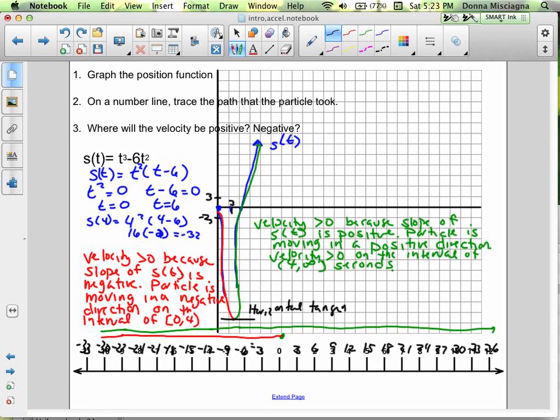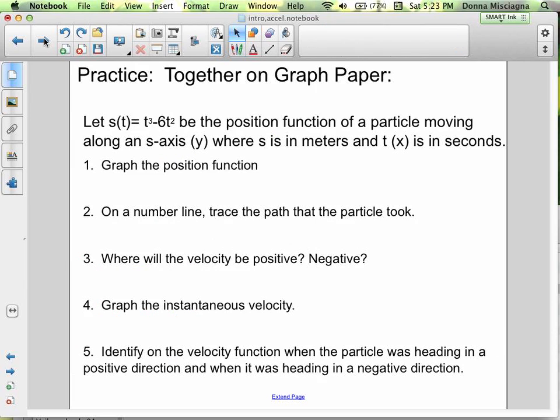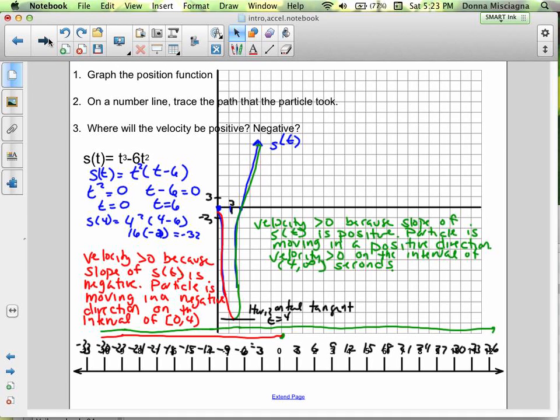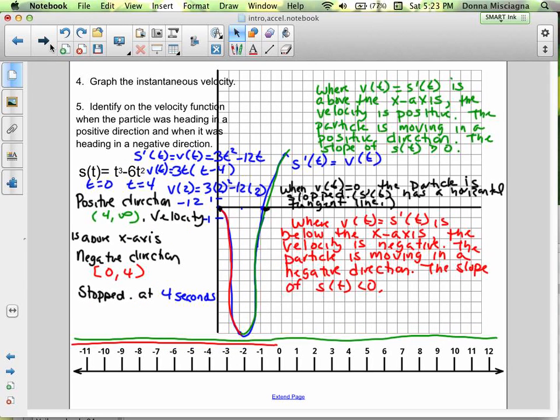Right, and that's at t equals 4, which matches our x-intercept on the graph over here, right?